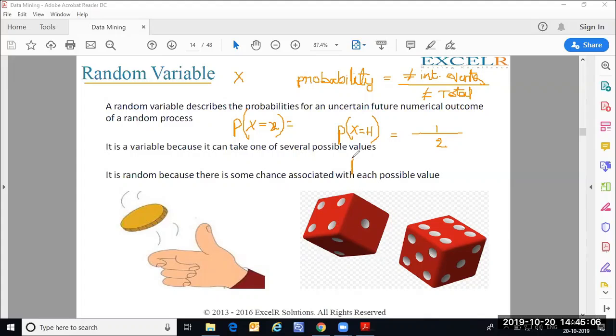Then what is the probability associated with tail being an output? 1 by 2. So that means there is an equal probability associated with all the possible outcomes of an experiment. And that's what the random means. A variable, the capital X, which takes any of the possible values with an equal probability associated, is called the random variable.